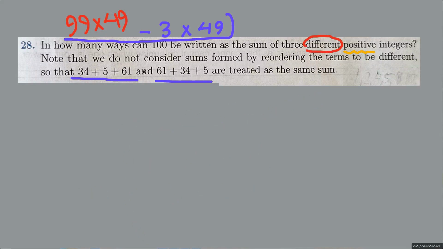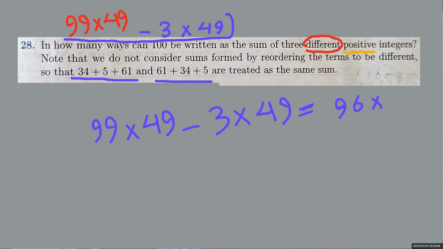So 99 times 49 minus 3 times 49, okay, would be what? It would be 96 times 49. So 99 minus 3. All of this divided by 6. Okay?